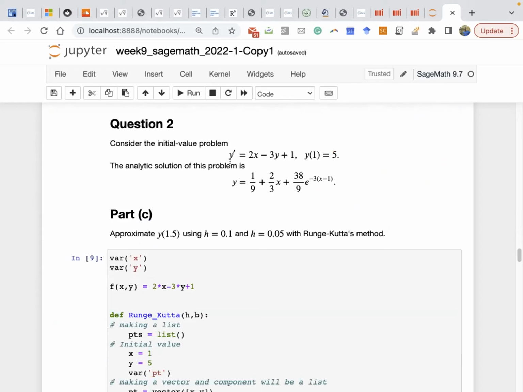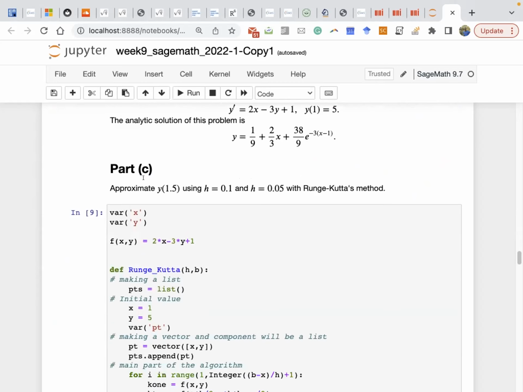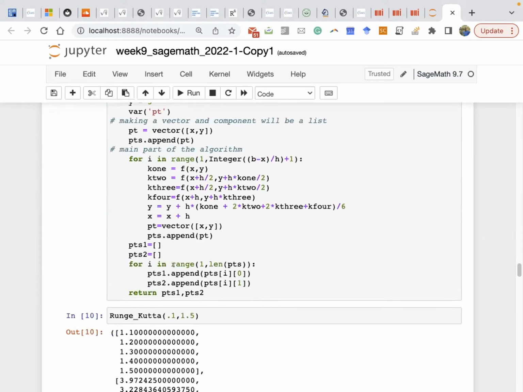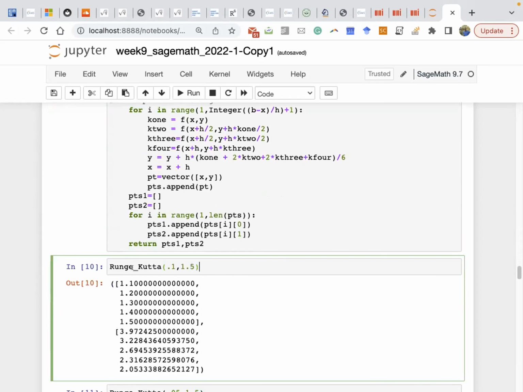Question 2 of tutorial week. So it's given to us, this guy, the analytic solution. So approximate y of 1.5 using Runge-Kutta. So Runge-Kutta is written here. So with step size 1/10, I can get this guy.